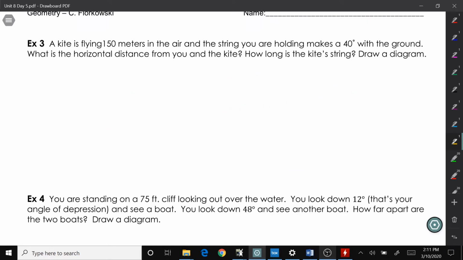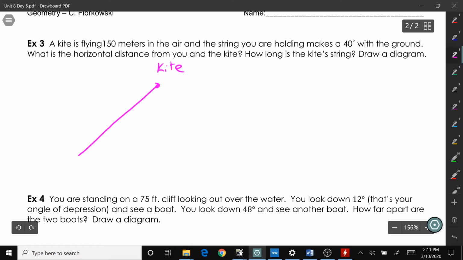Alright, example number 3. It says a kite is flying 150 meters in the air and the string you're holding makes a 40-degree angle with the ground. What is the horizontal distance between you and the kite? So the kite is up here. We're down here.